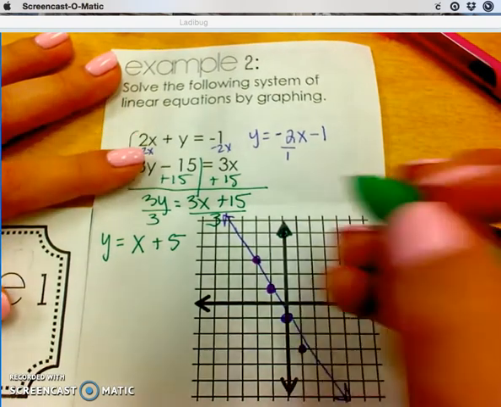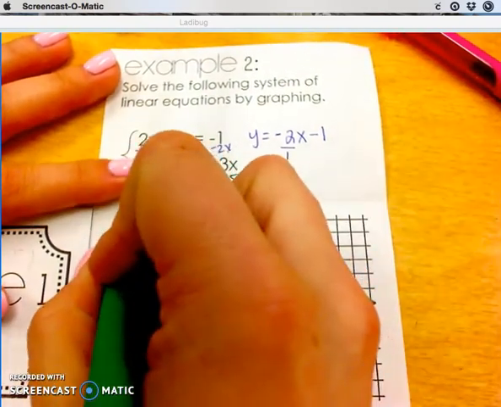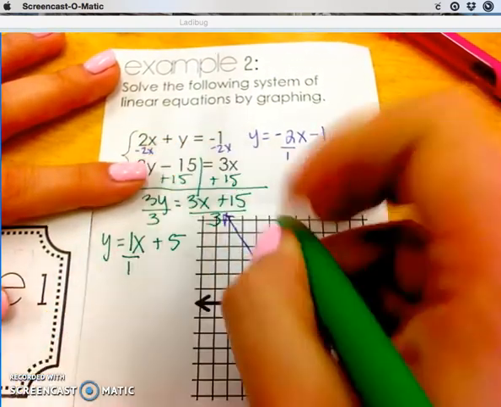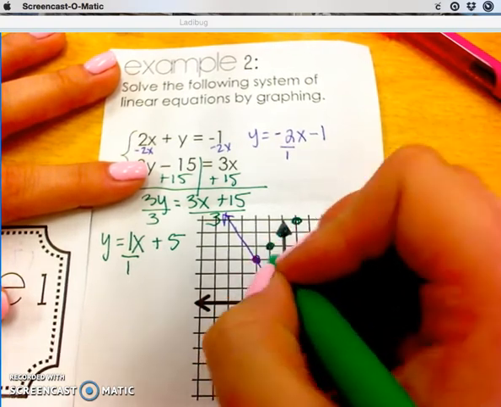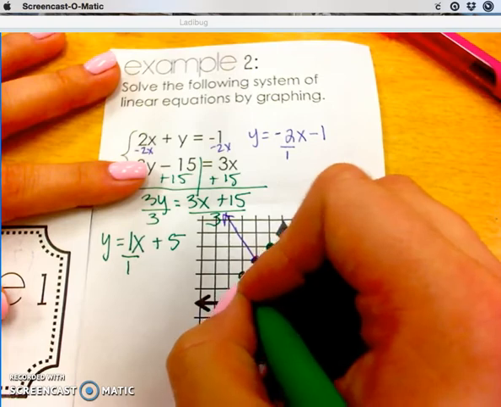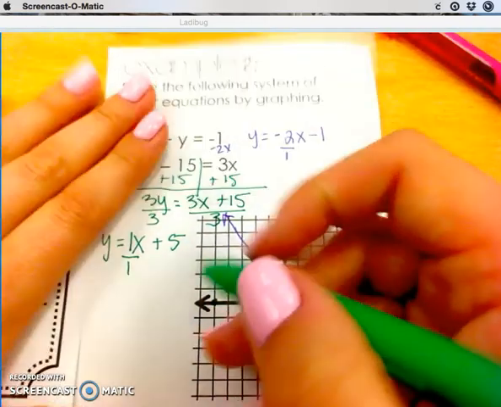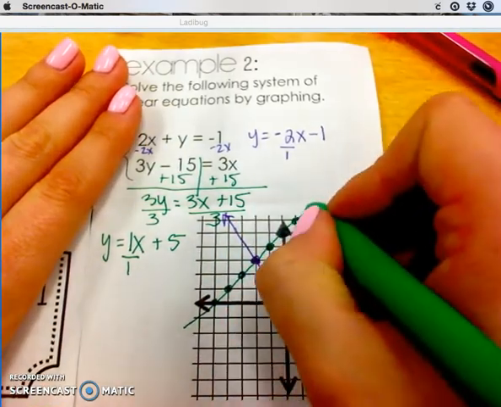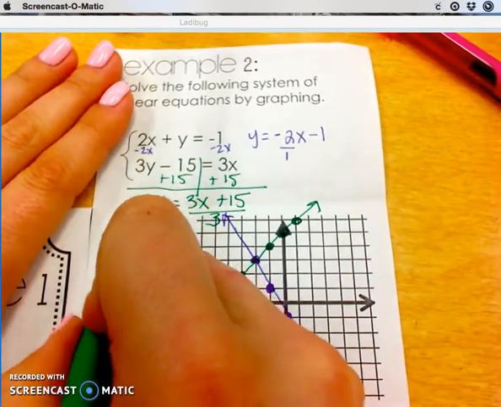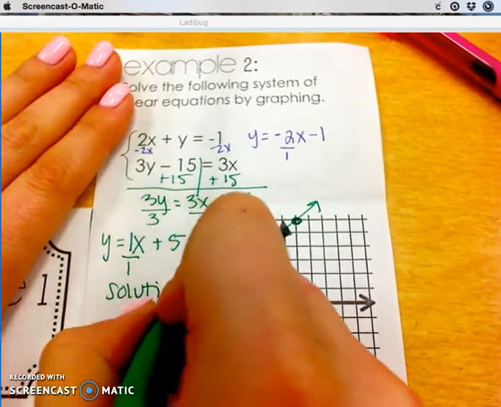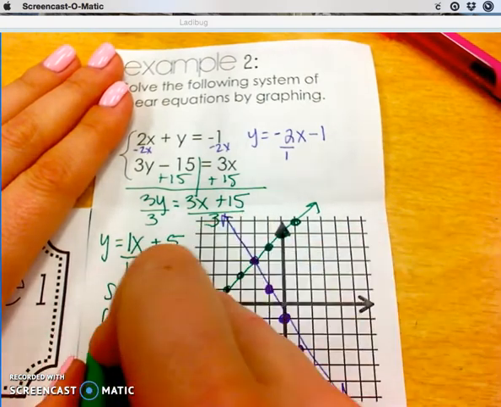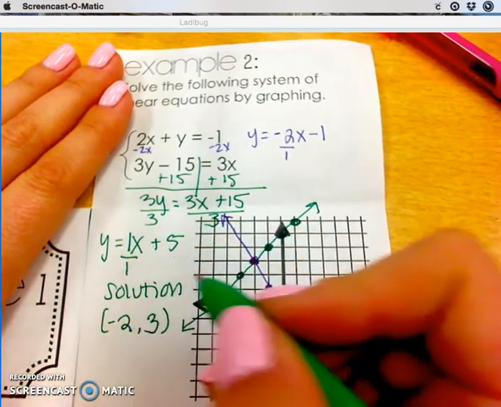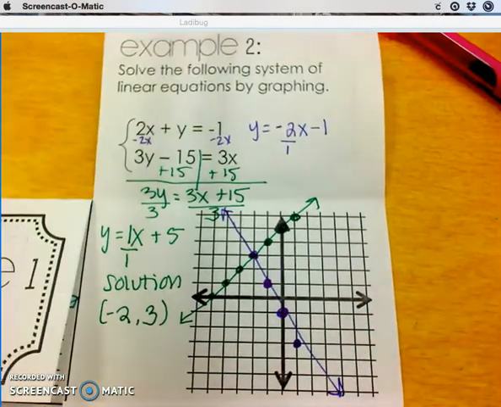There's no slope here, so it's like an invisible 1 over 1. So I could go up 1, right 1, or down 1, left 1, down 1, left 1, continuously. The solution, or the point they intersect, is at negative 2, 3. Left 2, and then up 3.